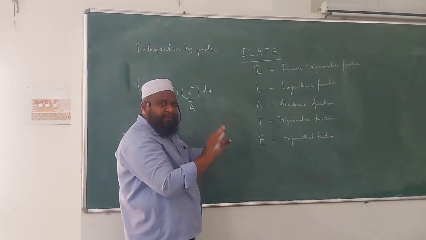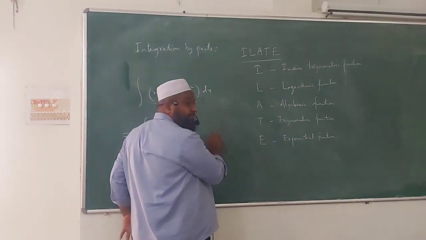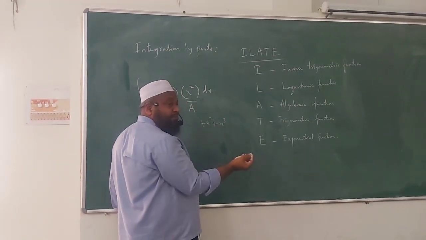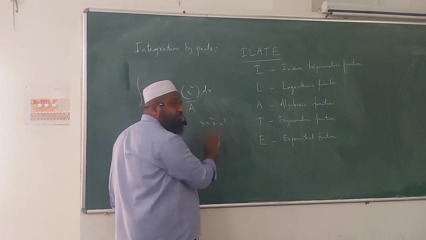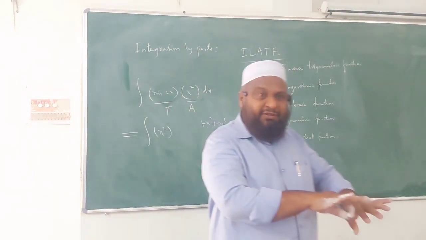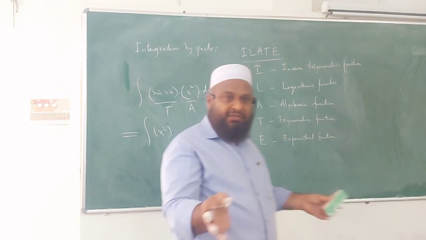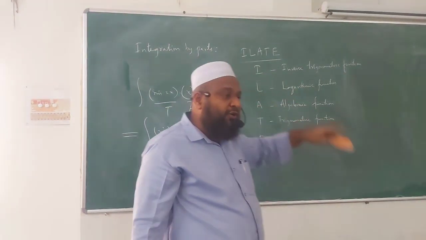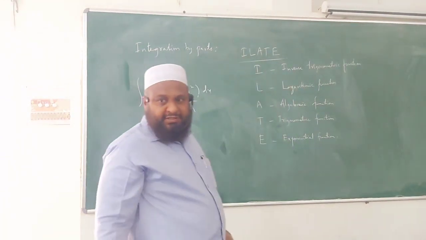What is an algebraic function? Powers of x simply: x square, x cube, x power 4, or sums of algebraic functions like x square and x cube, or 4x square plus x cube. Only powers of x should be available, added or subtracted. That sum of the powers of x is an algebraic function. In short, it is actually a polynomial function.